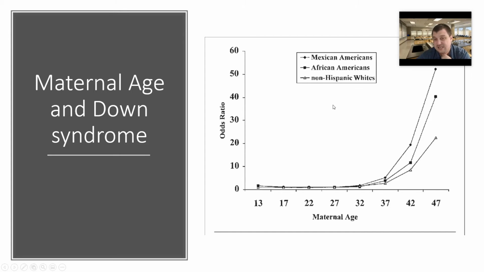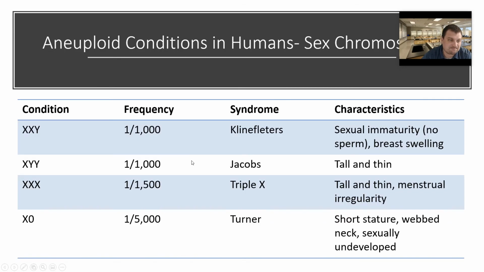In all ethnicities we see a similar trend here: as the mother gets older, the likelihood of having a child with Down syndrome drastically increases. So anyways, just an interesting tidbit when it comes to Down syndrome.